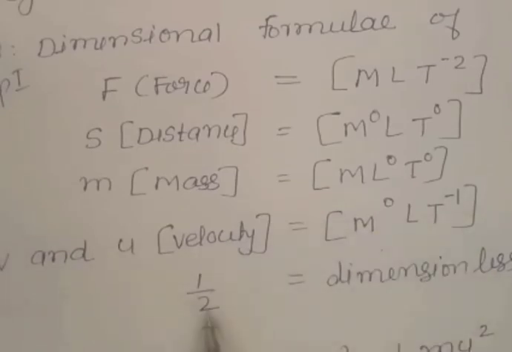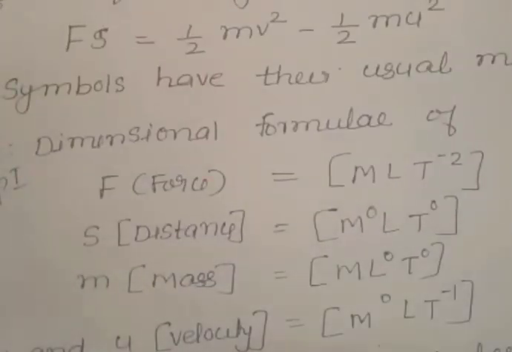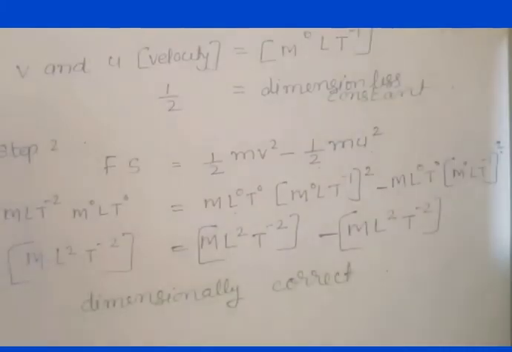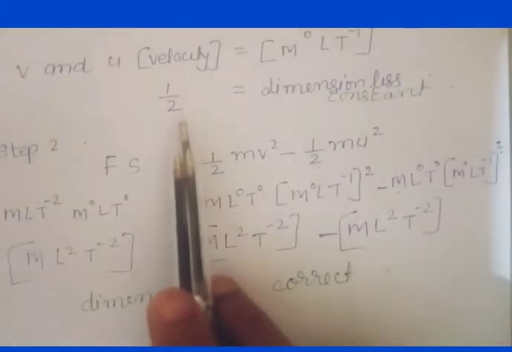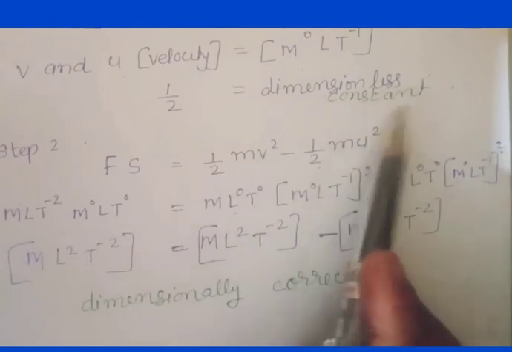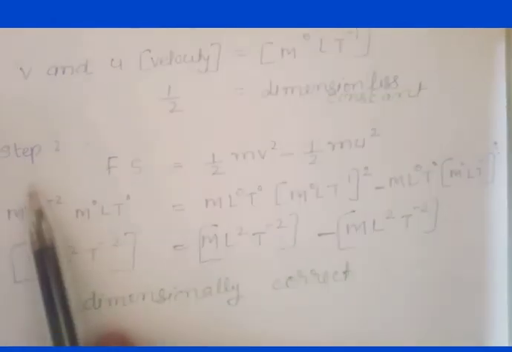Then half. What is half? Half is a dimensionless constant. So first you have to write the dimensions of all the physical quantities given in that question. Then what is the second step?